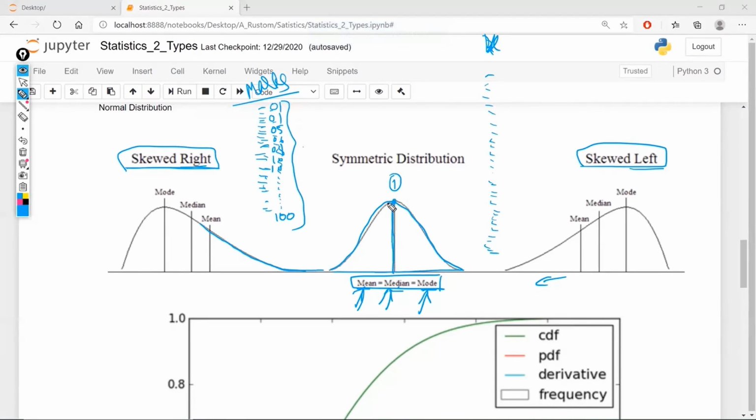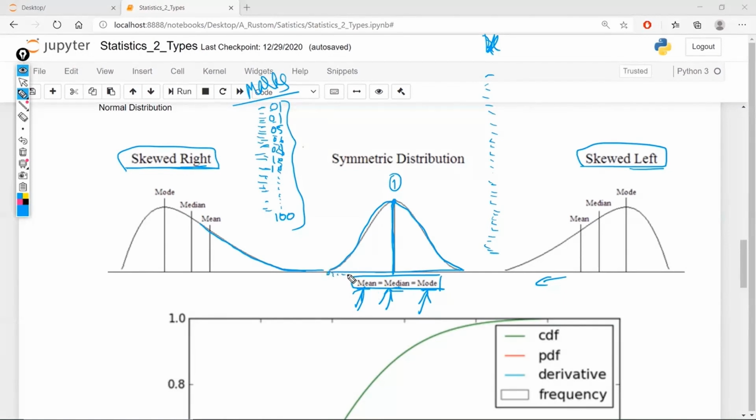The median, the center data point, will also be in this same position. And the mode, the most frequently occurring marks, will always be equal to the median and the mean.